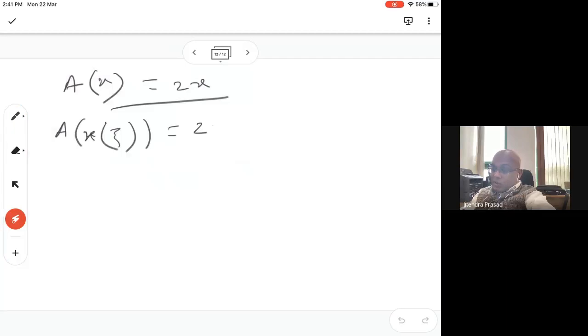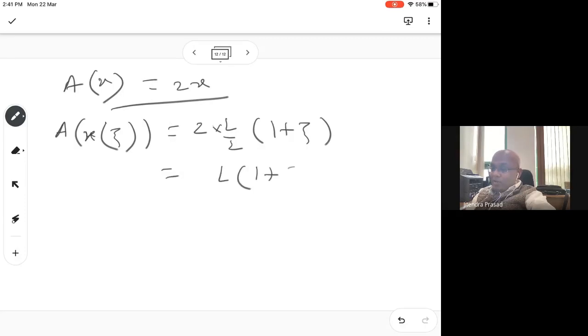So we write 2 times L over 2, 1 plus xi, and you get your answer L(1 plus xi). So this is A as a function of xi directly. A was a function of x equal to 2x, and then x itself is a function of xi. So we wrote that and we get this one, right?